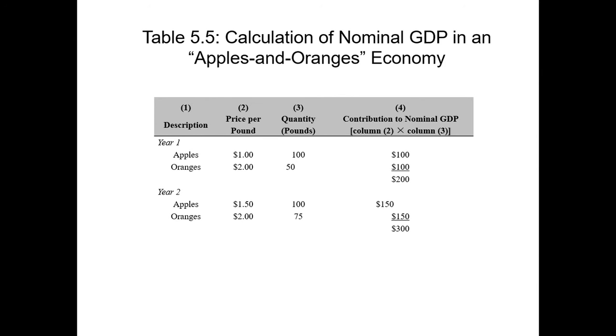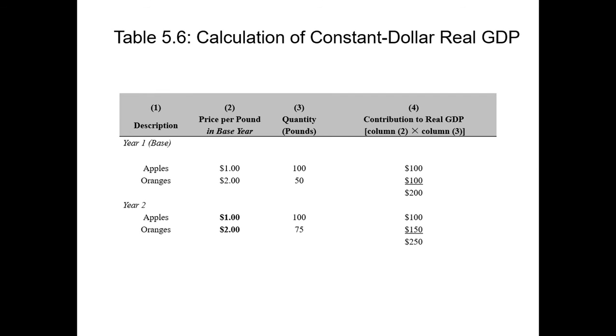The problem here is it does not reflect whether the change in GDP is coming only from an increase in prices. An increase in the price of apples might have caused this increase, because even though for oranges production has improved, we necessarily don't know whether the goods and services produced have actually improved. And exactly because of this reason, we calculate something known as real GDP.